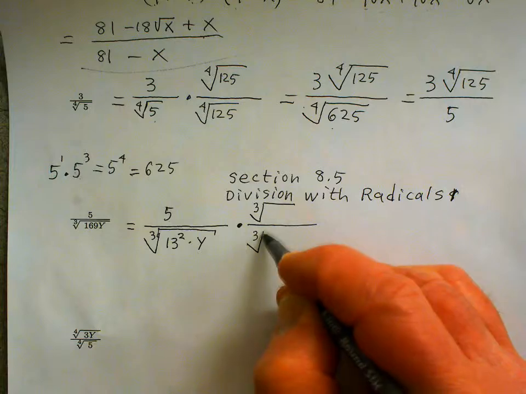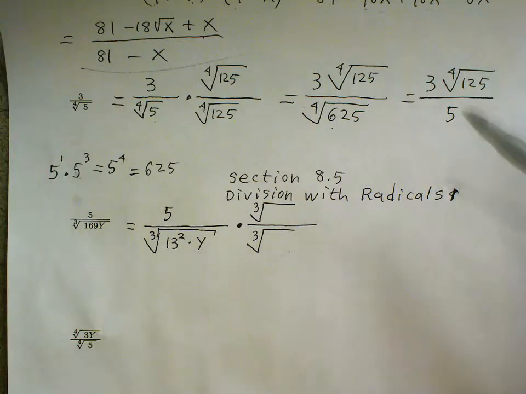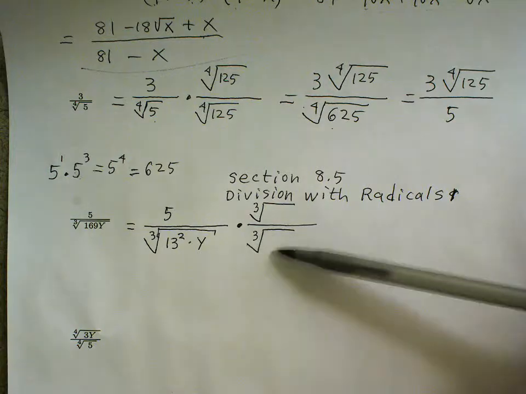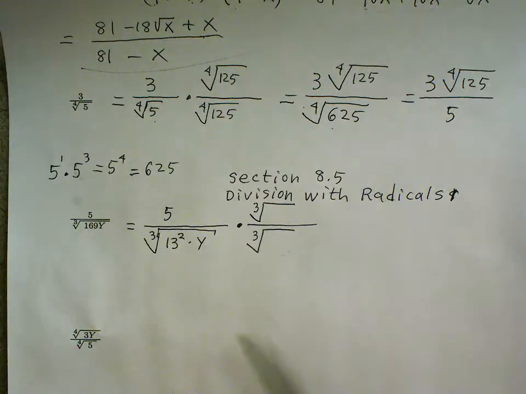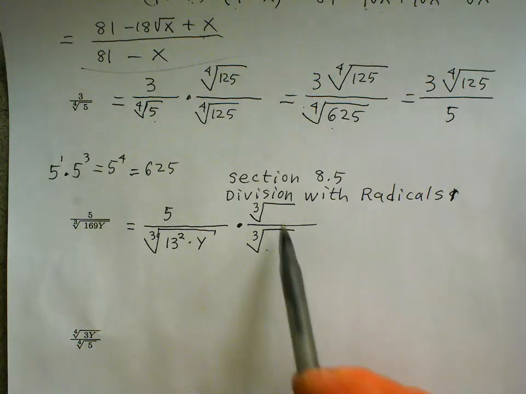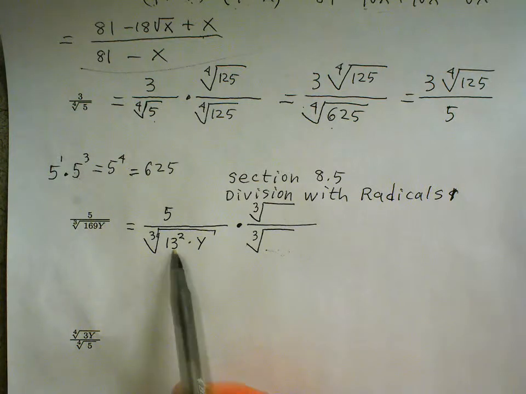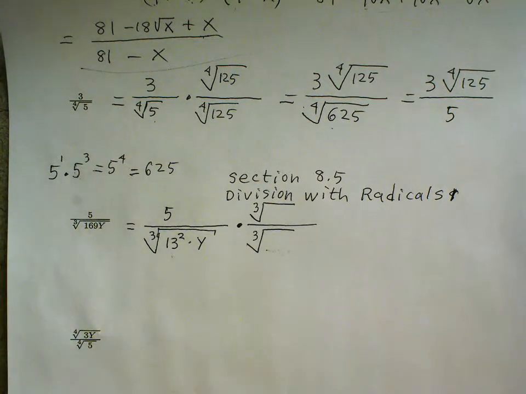So we're going to have to multiply by 1 in the form of the cubed root of something divided by the cubed root of the same thing. But how do we determine what goes on the inside of those cubed roots? Okay, let's look at what we already have. We have 13 to the second inside this cube root.